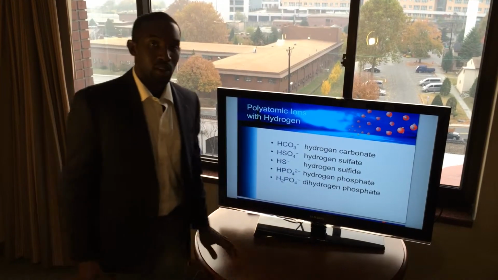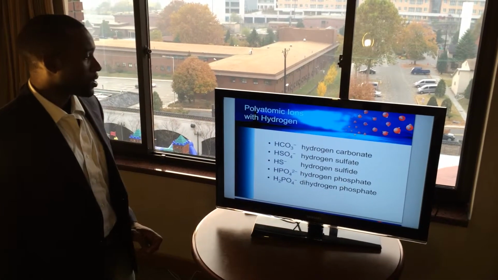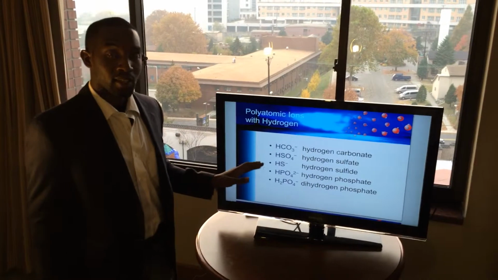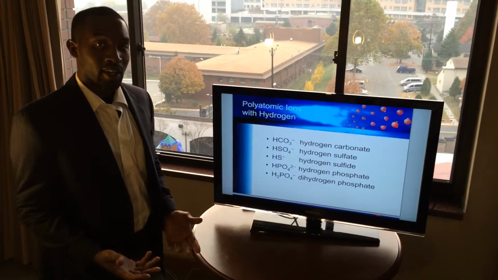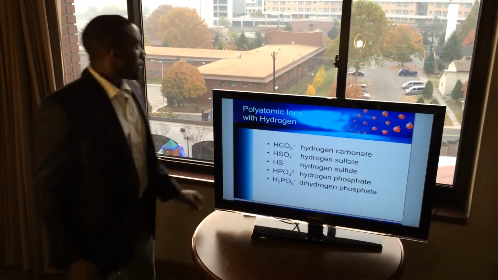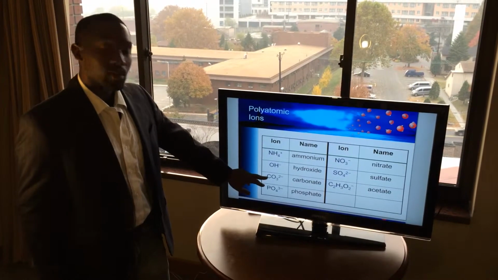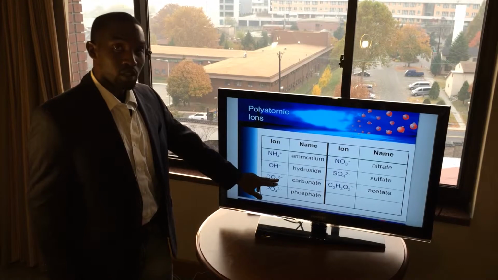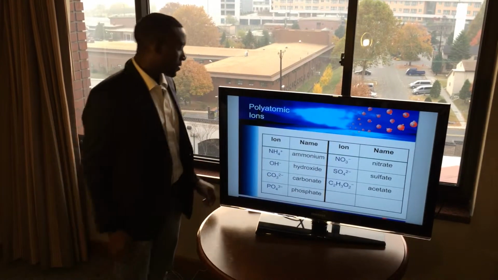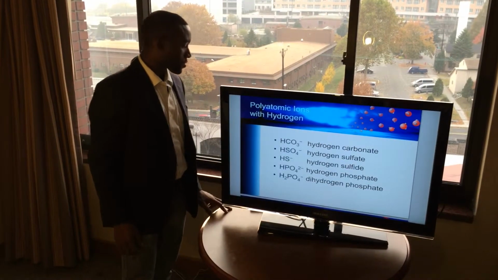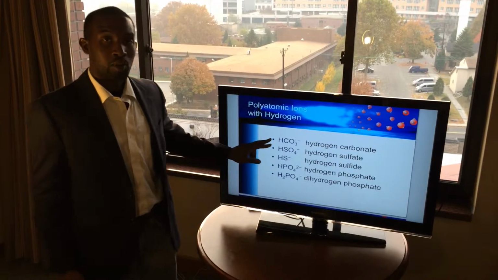Okay, so there's other types of polyatomic ions that can be made by adding a hydrogen atom. So if we go back to this list, we can see carbonate has a -2 charge, but if I add hydrogen, I form hydrogen carbonate.